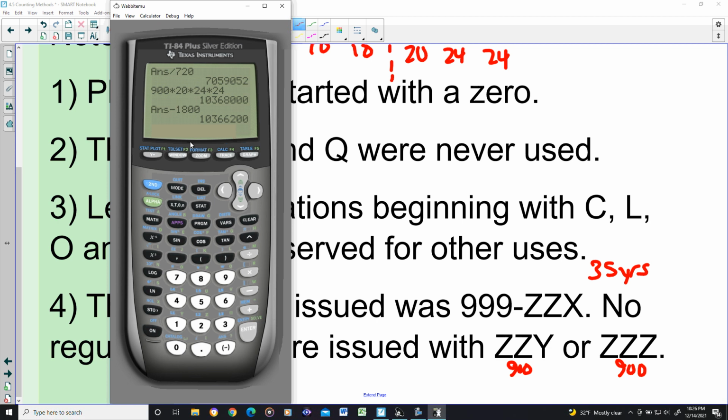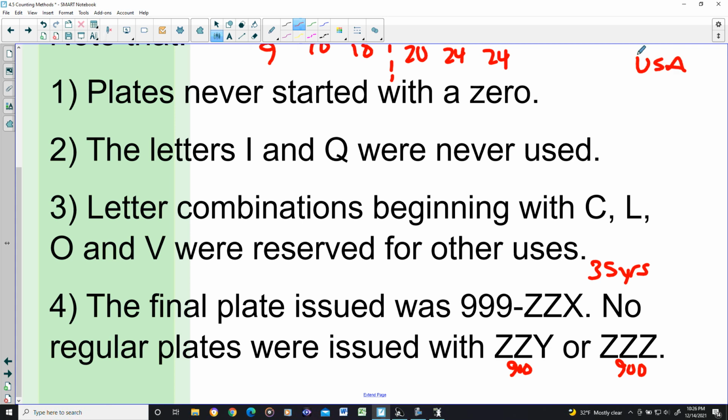Now, again, that's a rough estimate. The true number is actually lower than that. And that's because there are several specific letter combinations that are used for other purposes. For example, combinations like USA were used for certain types of America plates, like patriotic plates.